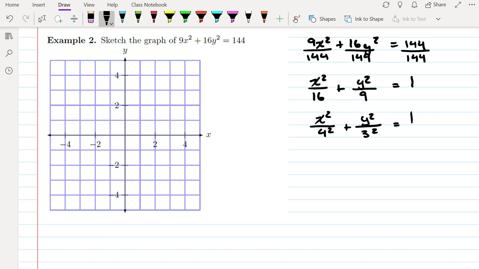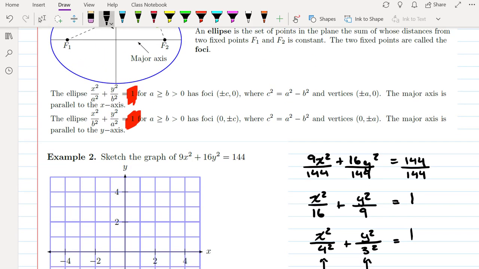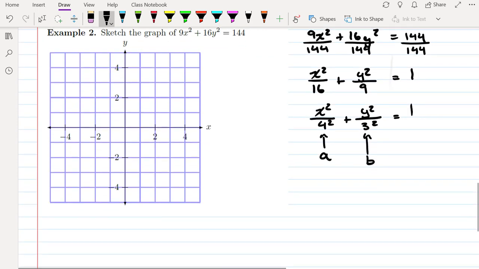Then the larger number in the denominator is under x, so that's going to be our a, and this is going to be our b. So when a is bigger than b is bigger than 0, the larger number is under the x. That means that our major axis is going to be parallel to the x-axis, and we're going to have our foci at plus or minus c comma 0, where c squared is equal to a squared minus b squared.